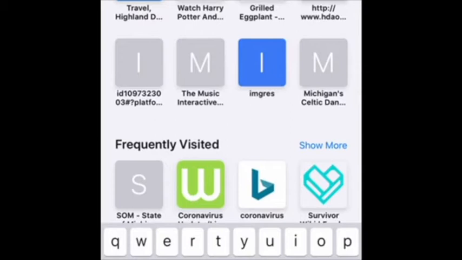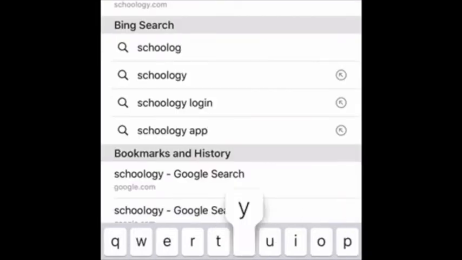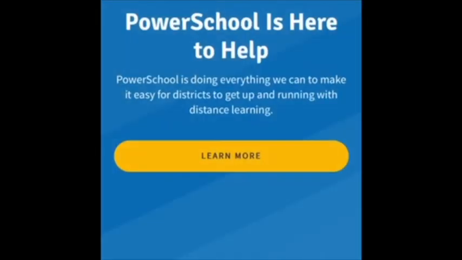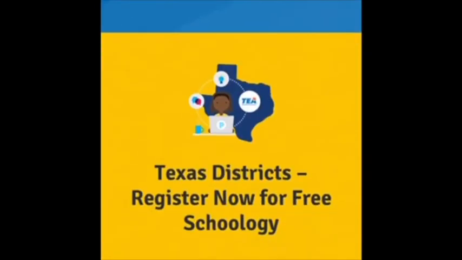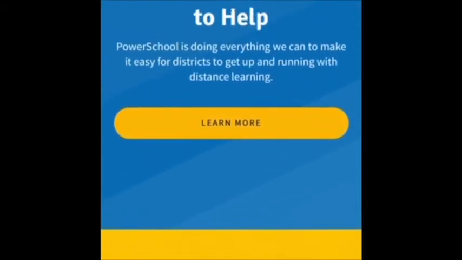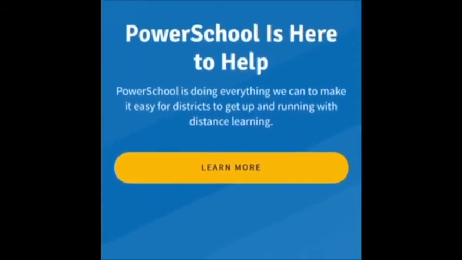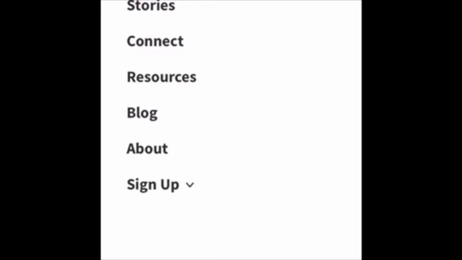Because I'm a teacher, I've got a slightly different way to get in, so I'm going to log into Schoology directly from Schoology.com, but it only works if you are a teacher. I'm going to log in, and I've already logged into my Schoology app. Use your student ID number at wcskids.net, and then your school district password, making sure you use all caps for any letters. All right, so now I'm on my Schoology page.